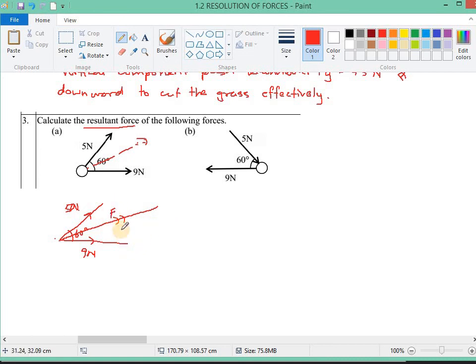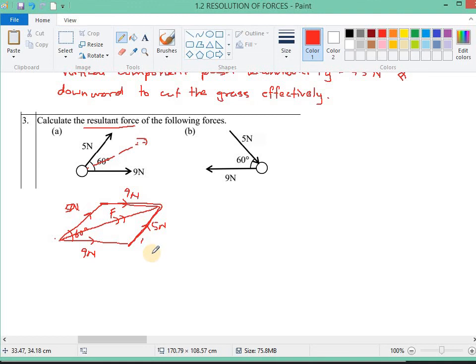If we complete the parallelogram, we get a parallelogram that looks like this. This line is the same length as this one, so this line also represents 9 Newton, and this line also represents 5 Newton.